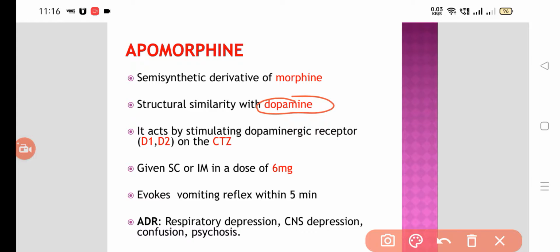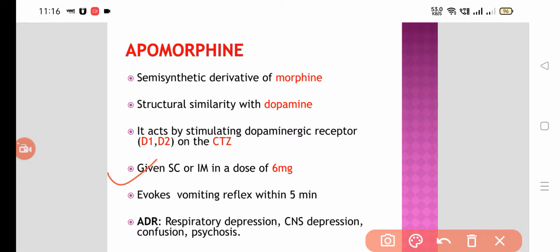It acts by stimulating dopaminergic receptors D1 and D2, which are present on the chemoreceptor trigger zone.